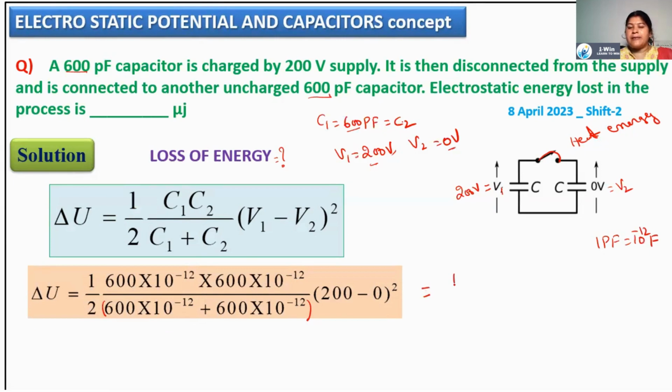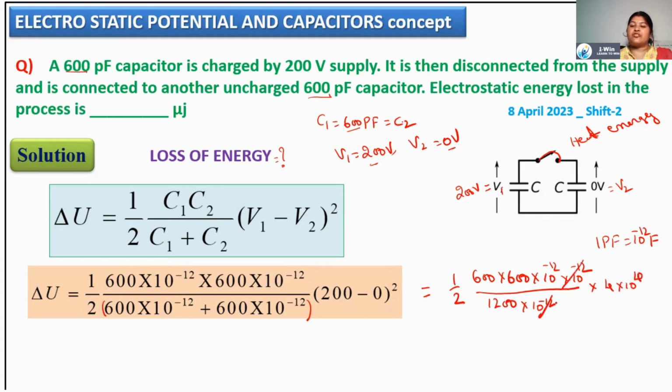I'm simplifying it. Half into 600 into 600 into 10 power minus 12 into 10 power minus 12, divided by 600 plus 600, which is 1200 into 10 power minus 12, into 200 minus 0, which is 200, squared. 200 square means 4 into 10 power 4.